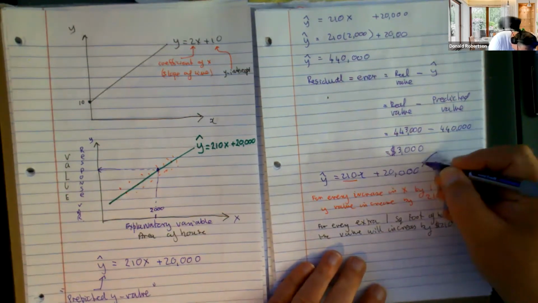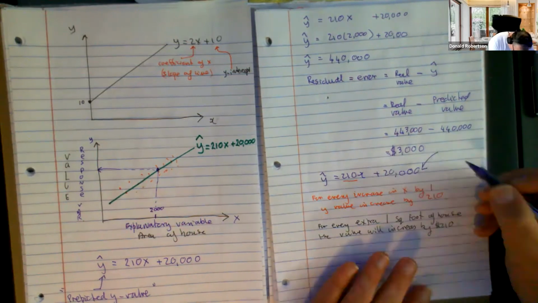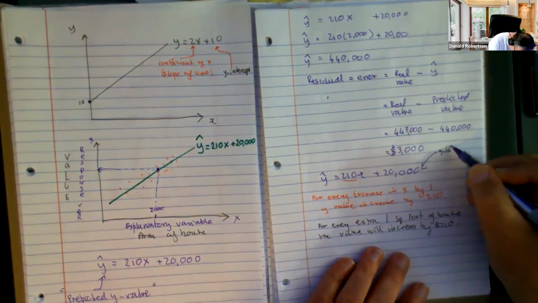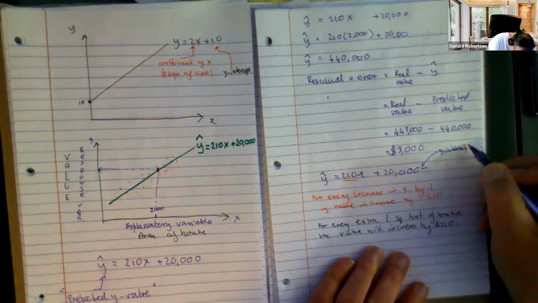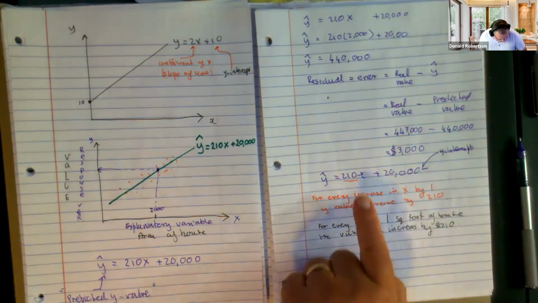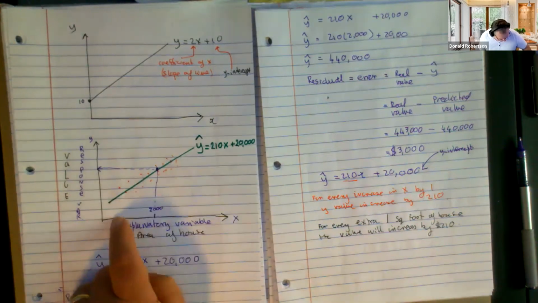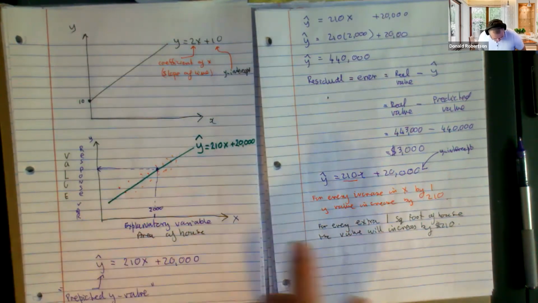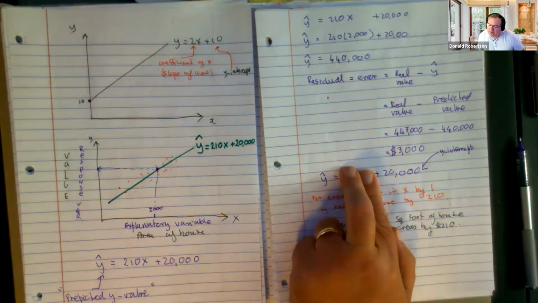Y-intercept, what on earth could that represent? Well, technically speaking, isn't the y-intercept the value of the property when the land is 0?